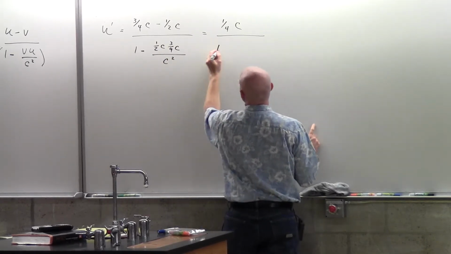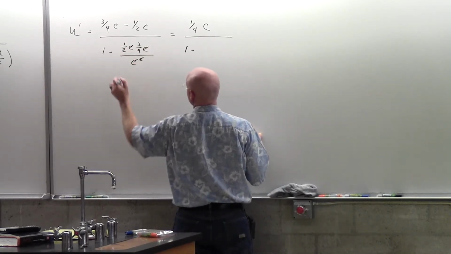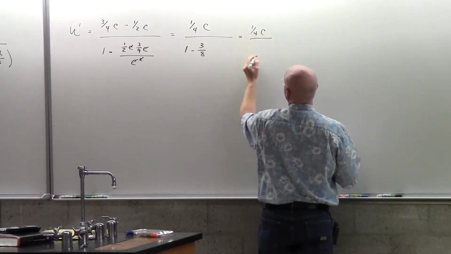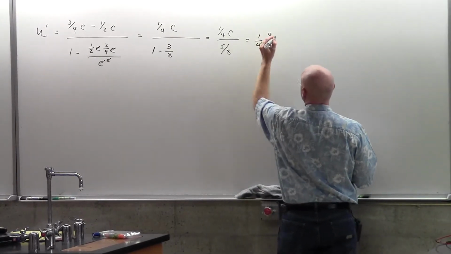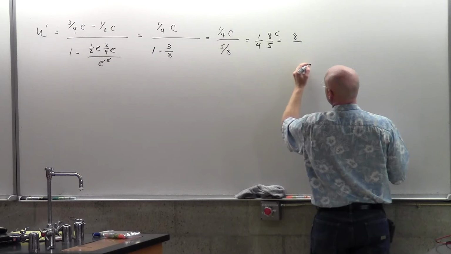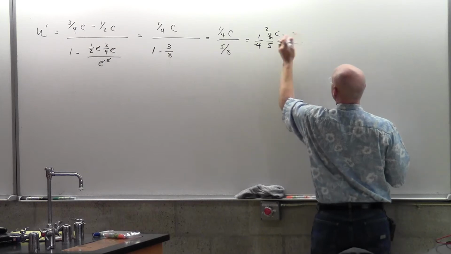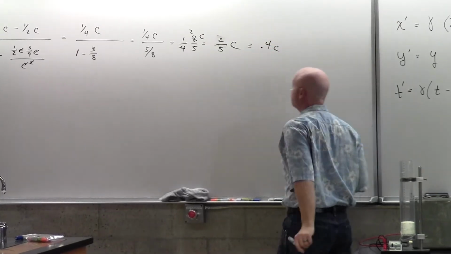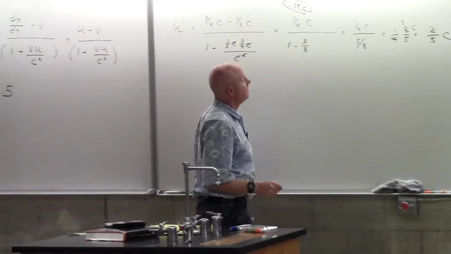As I put those in, I get 1 minus, looks like the speed of light cancels off, and I get 3/8, so 1/4 over 5/8, which is 1/4 times 8/5, c, which is 2/5. 2/5 the speed of light is 0.4 c, where we kind of would have expected 0.25.